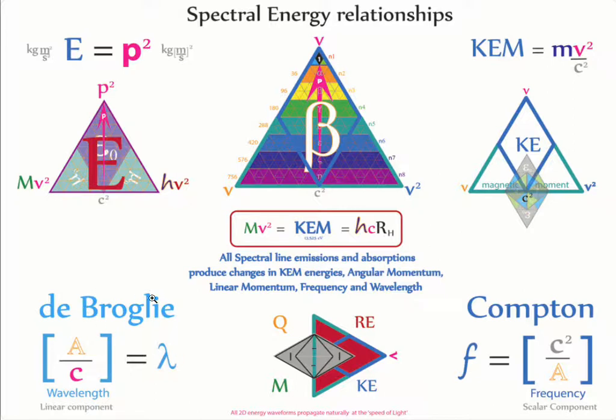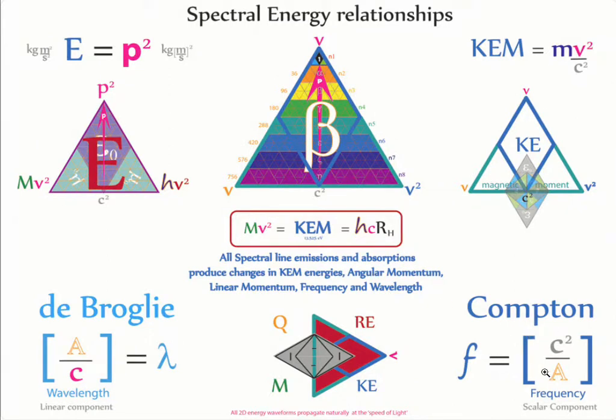We can solve for de Broglie's wavelength of these fields simply by dividing the scalar quantized angular momentum of the system by the linear velocity of c, by the linear propagation of energy. That gives us a linear function: the linear component of energy is the wavelength as a measure of its quantized angular momentum.